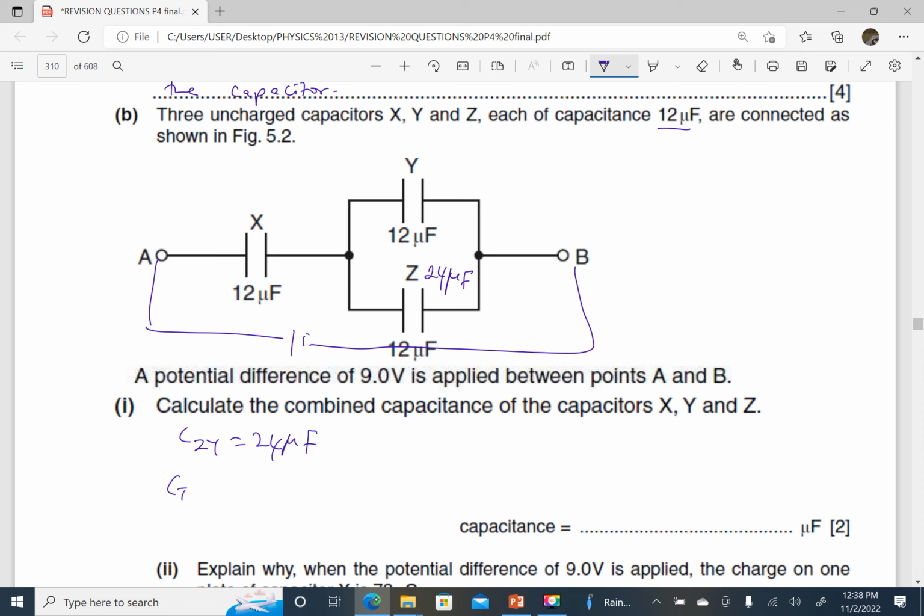Now, we have 24 in series with the 12. That is going to be 12 times 24 over 12 plus 24. If you are still learning this, we just say 1 over C total is 1 over 12 plus 1 over 24. But if you have already learned it, just get product over sum when you have two capacitors.